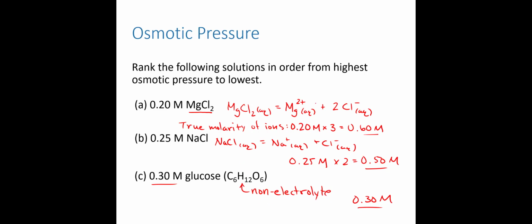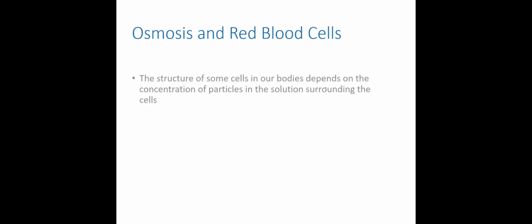So if we were to rank these from highest osmotic pressure to lowest, A has the highest pressure, then B, and then finally C.